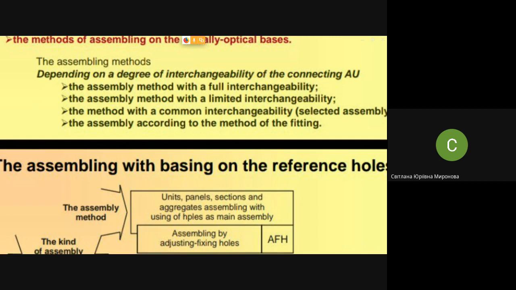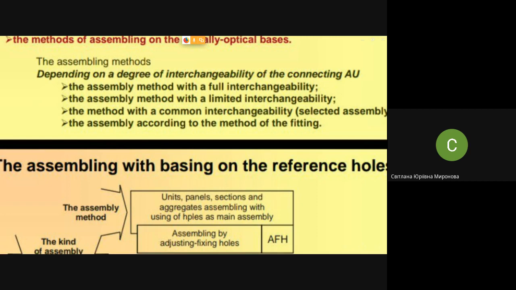Interchangeability is a property of a structure or any object to be used instead of another object with preserving the quality but without any additional work. And I hope you understand that it comes about geometrical interchangeability in our case. It means by sizes and shapes. It comes about mechanical interchangeability and it comes about physical interchangeability.